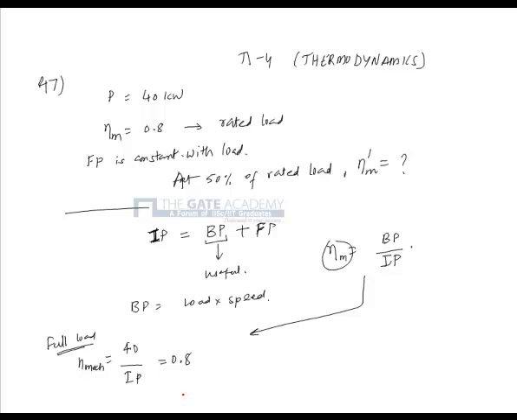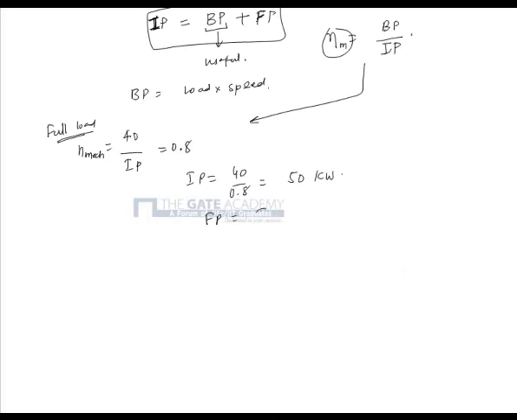So IP will be 40 by 0.8, which is 50 kilowatt. Now I use this equation to get the friction power, because friction power is constant, so I can use the same value at the half load. So FP is IP minus BP, which is 50 minus 40, 10 kilowatt. Okay, so FP I can use later.